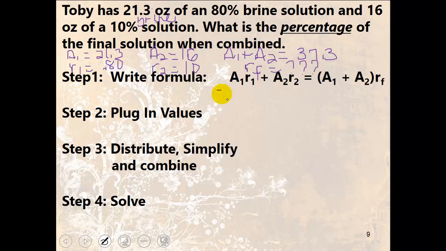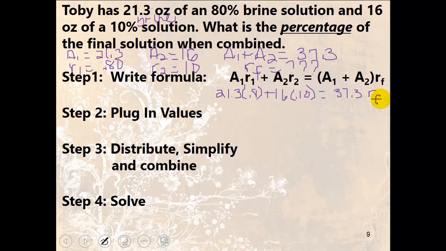So I have 21.3 times 0.8 plus 16 times 0.10 equals 37.3 times RF. I don't know what RF is. That's what I'm trying to find.